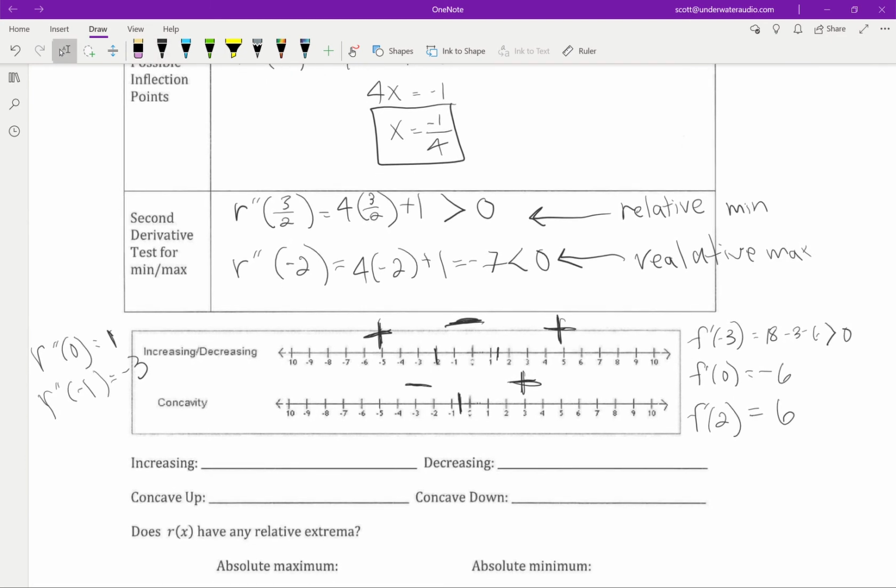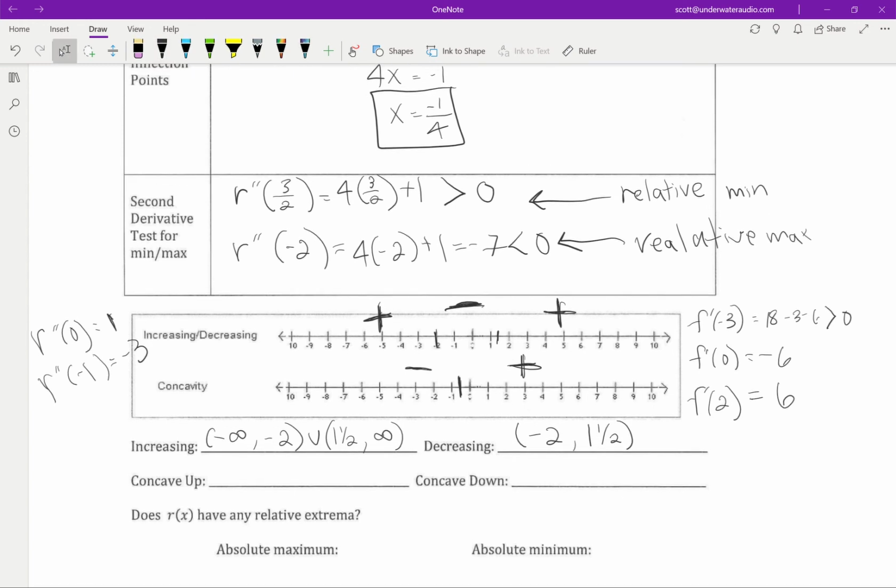Okay, so now I'm going to write everything down. I know it's increasing from negative infinity to -2, and also from 1.5 to infinity. It's decreasing everywhere else, which is -2 to 1.5.